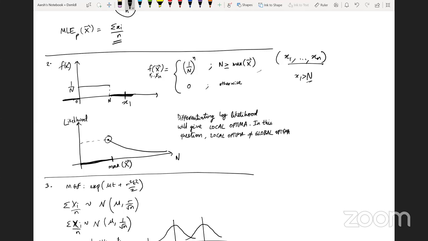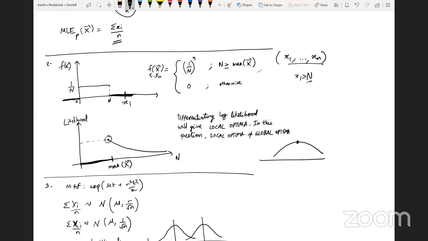I wanted to give this question to emphasize that the way we find MLE is not only by differentiating the log likelihood, because that will give us local optima. If the likelihood function was something like this, then this would be the global and local maxima, and this is the value of the parameter which gives the maximum likelihood.